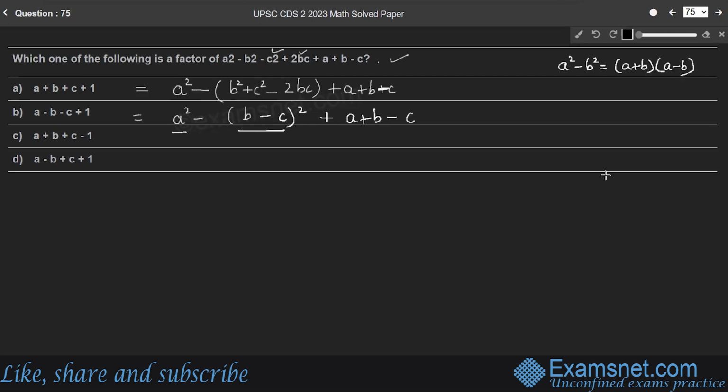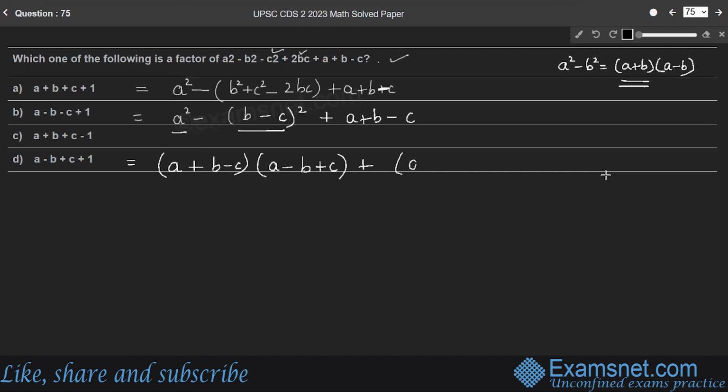Apply the same formula. Here a is a itself, b is b minus c. So a square minus b square is a plus b into a minus b. So a plus b minus c into a minus b minus c, minus of minus becomes plus c.